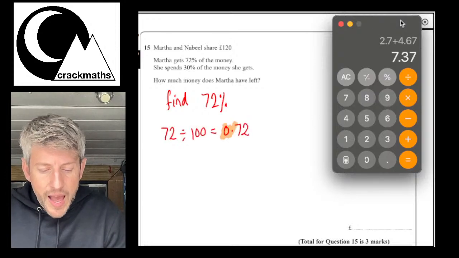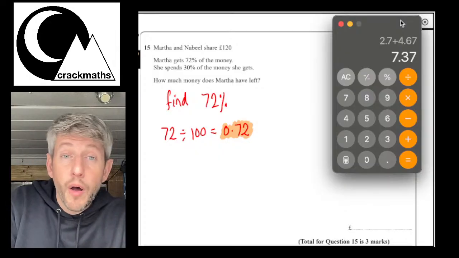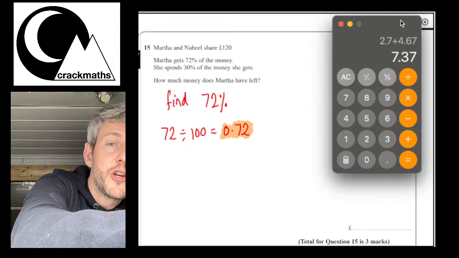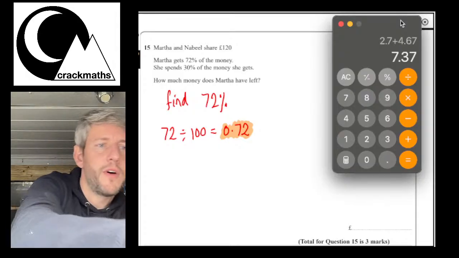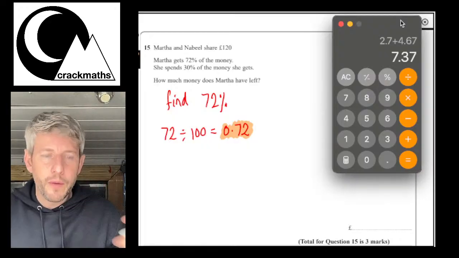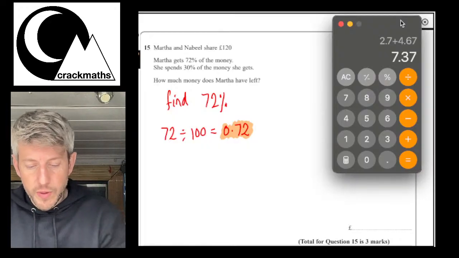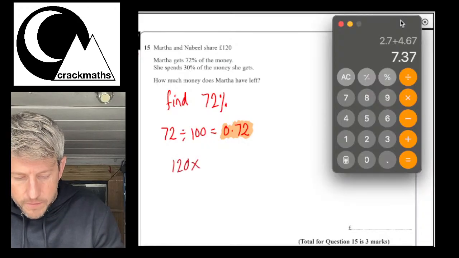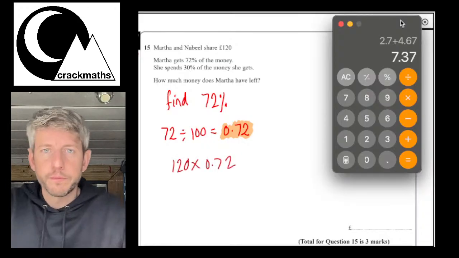Now, anything that we multiply by 0.72 is going to give us 72%. So if I want to find out 72% of 120, I can just type into my calculator 120 times 0.72.